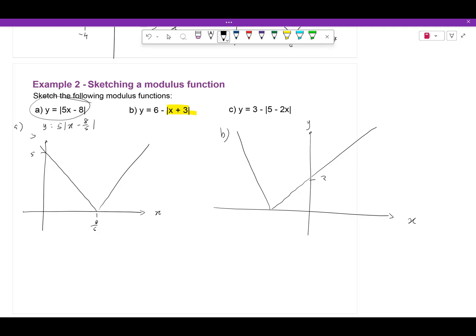And then we've got our 3 here. And we've got our negative 3 here. Good. But this is only for y equals to absolute x plus 3.